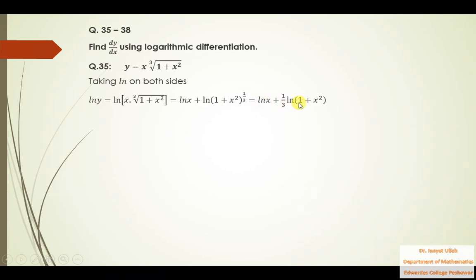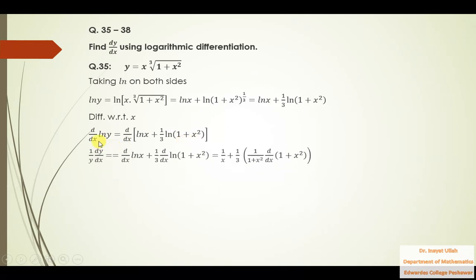So if this cannot be simplified more with the properties of log, differentiate this function with respect to x from here. Whenever you differentiate this function, you'll get this equation: derivative of log of y is equal to derivative of natural log of x plus 1 by 3 natural log of 1 plus x square.